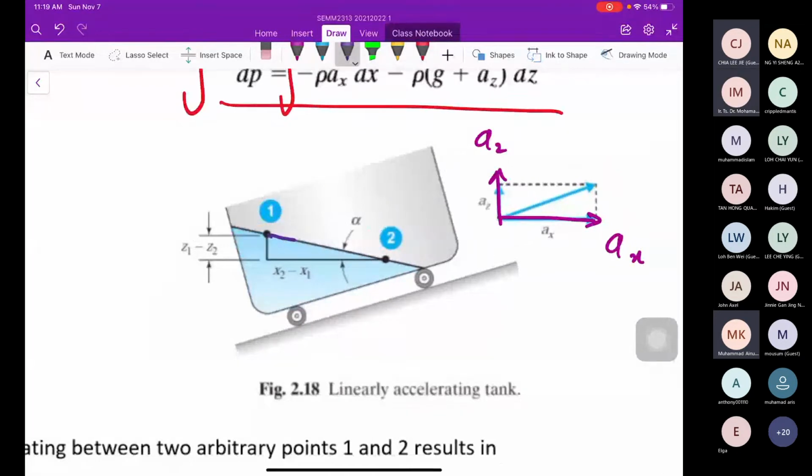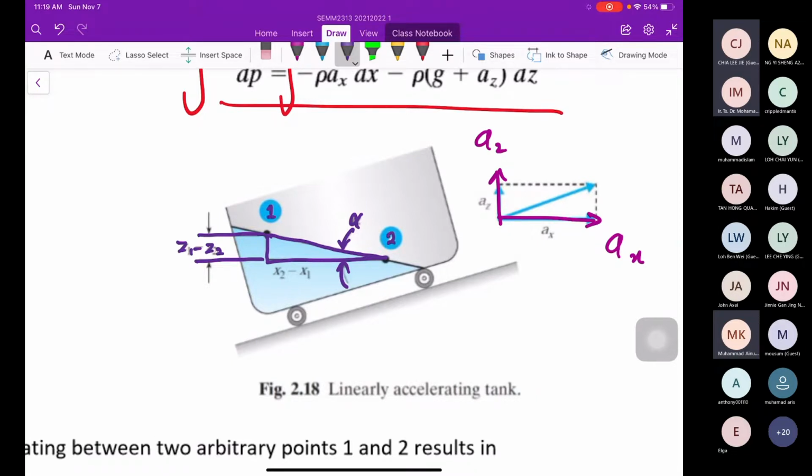This is the coordinate, this is a triangle with the angle alpha. The distance from here to here is Z1 minus Z2, because this is point 1 and this is point 2.